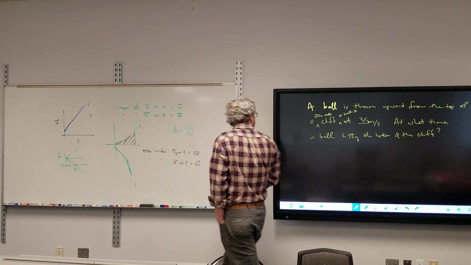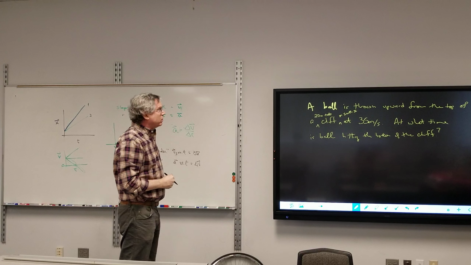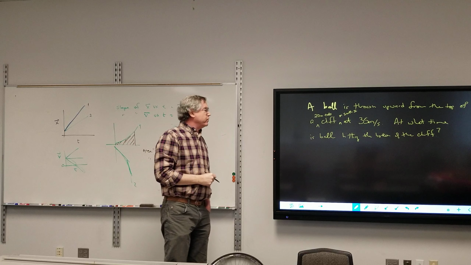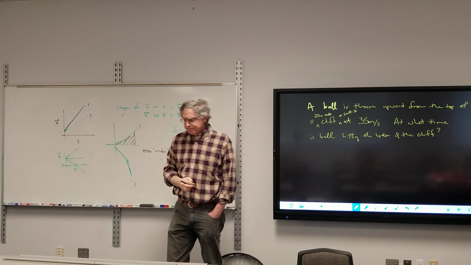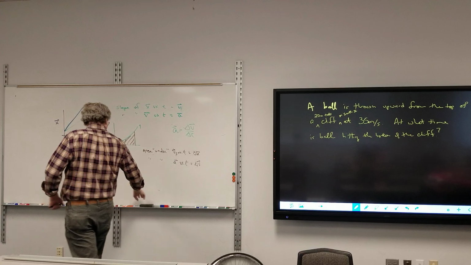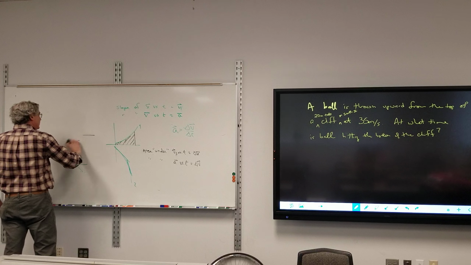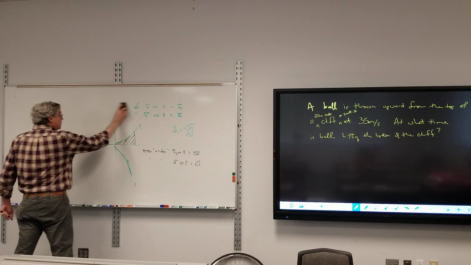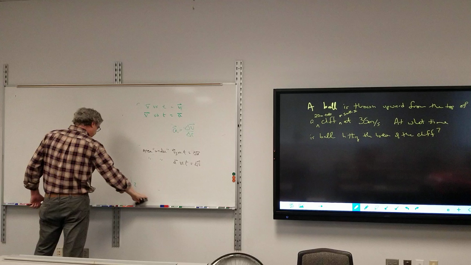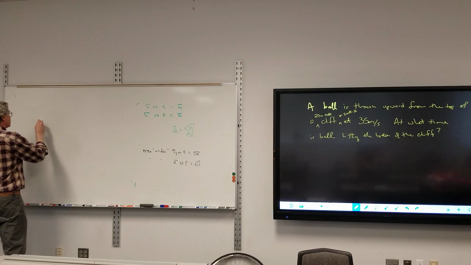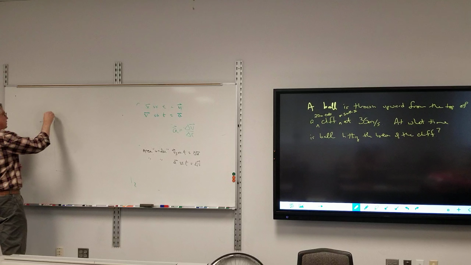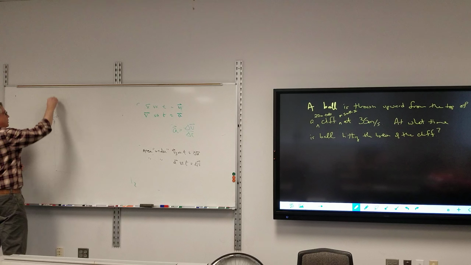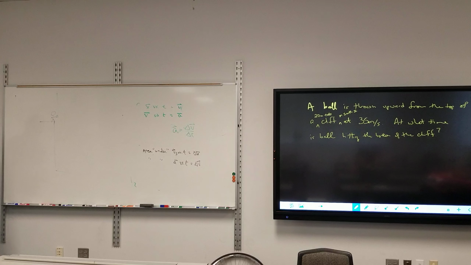All right, a ball is thrown upwards from the top of a 20-meter tall cliff on Earth 2 at 35 meters per second. At what time is the ball hitting the bottom of the cliff? That's basically the scenario right there.